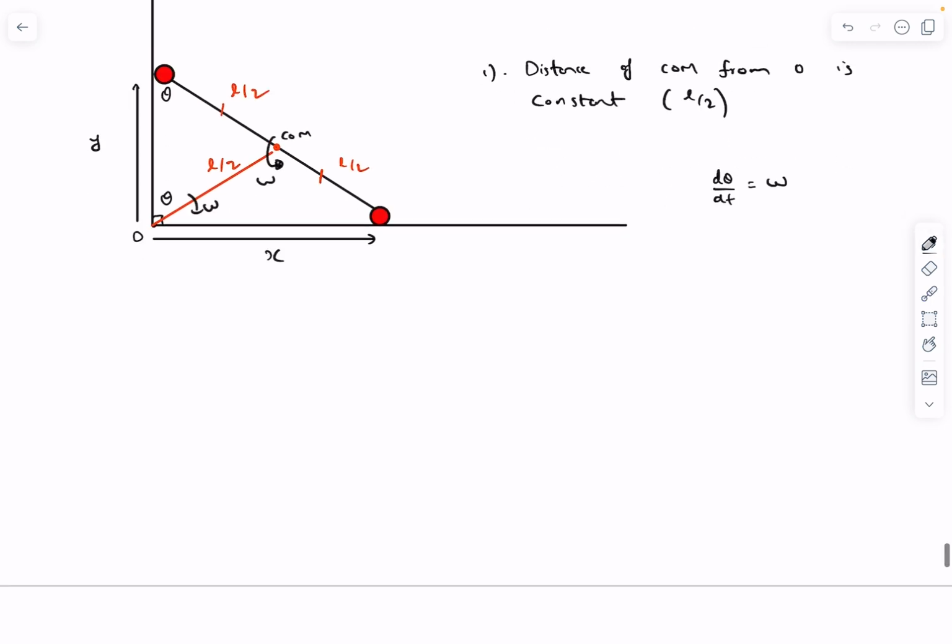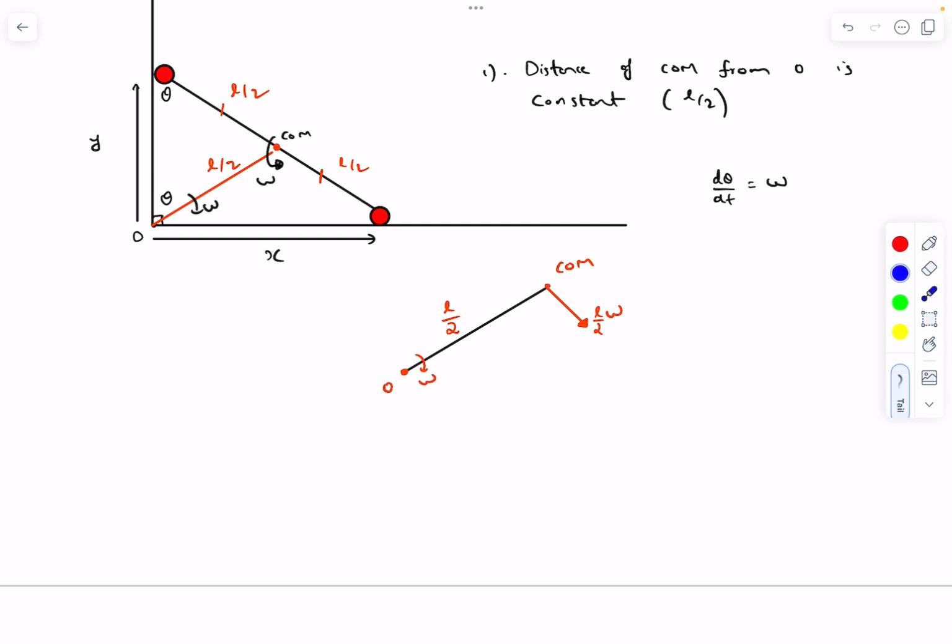So this is my vertex O and this is my center of mass. As I know the center of mass is going to be performing a circular motion about our vertex, the radius of which is L by 2, I can say the velocity of the center of mass is nothing but L by 2 omega, where omega is the angular velocity of this line.